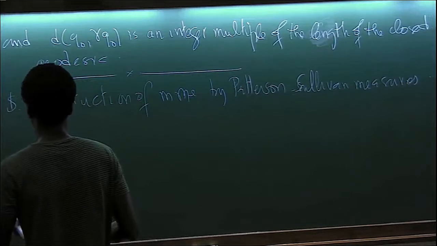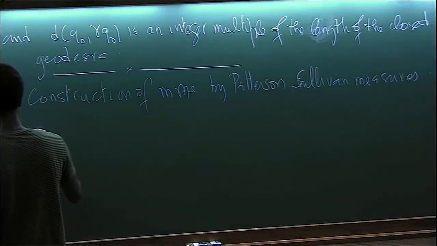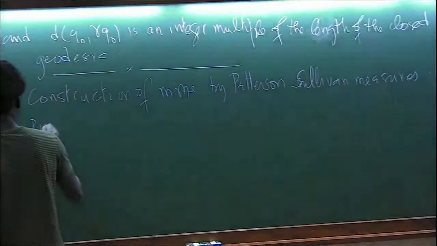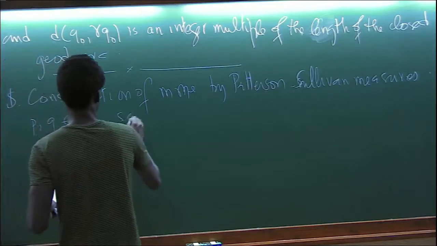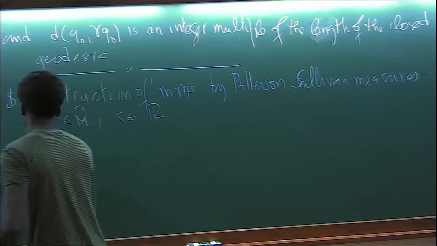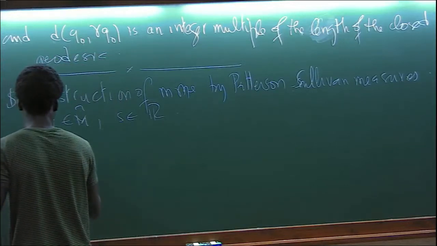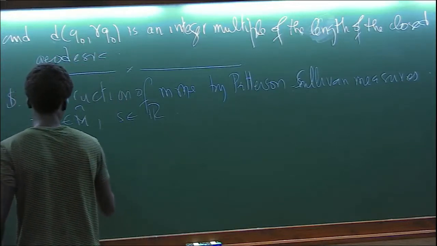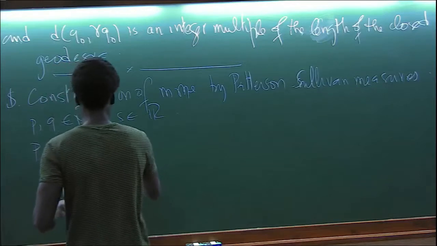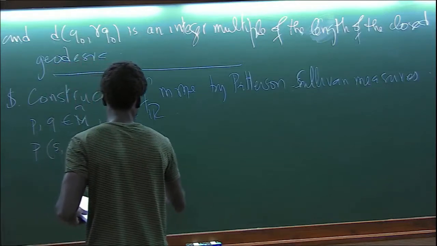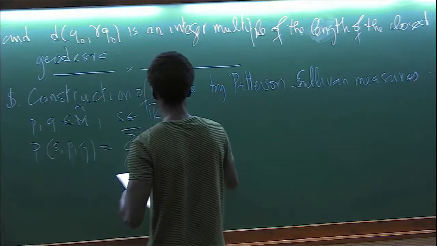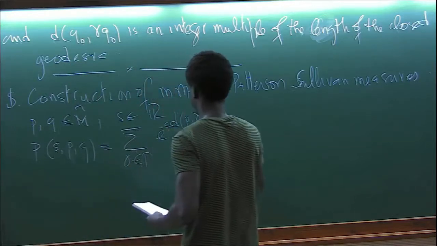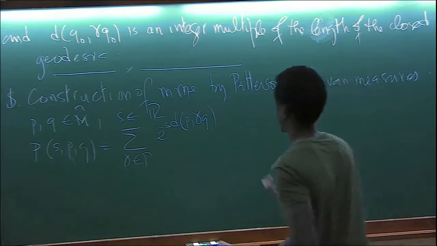So it goes like this. You consider this quantity, which is called the Poincaré series. If you take P, Q in M tilde and s in R, you have P(s, P, Q) equals the sum of exponential of minus s times the distance between P and gamma Q. This is called the Poincaré series.